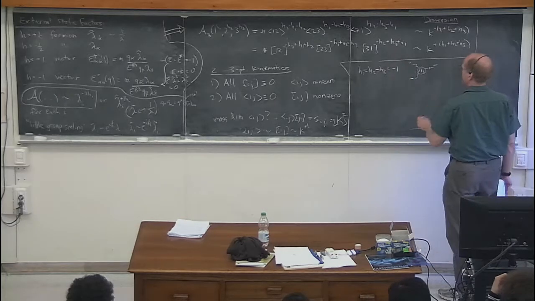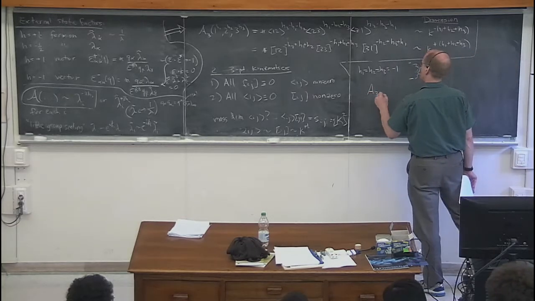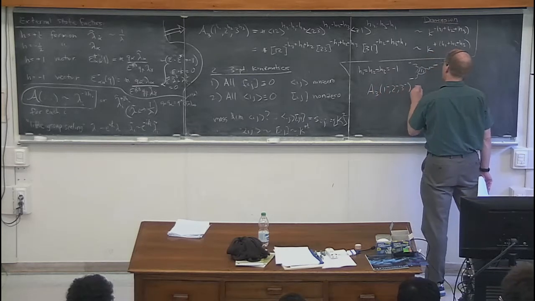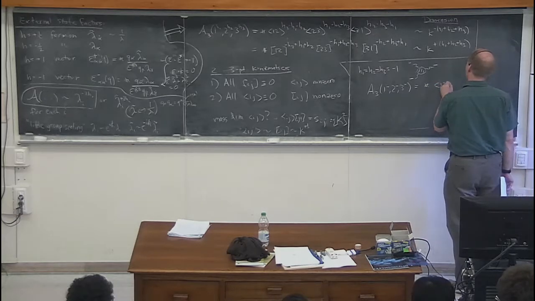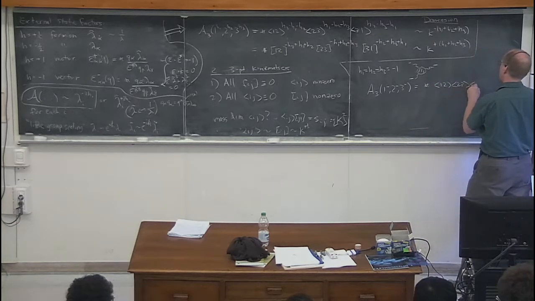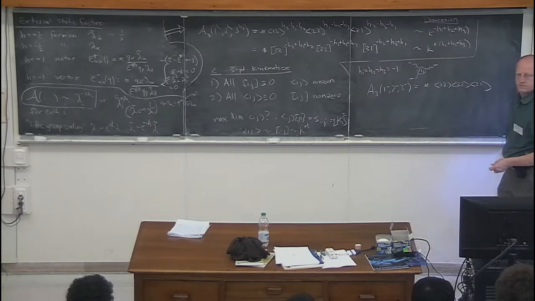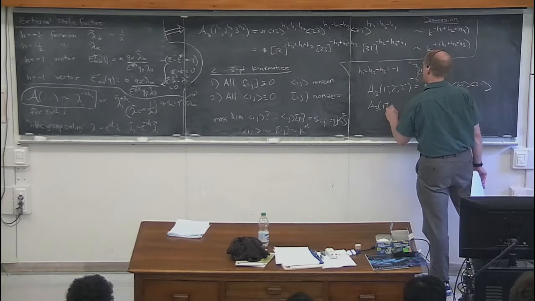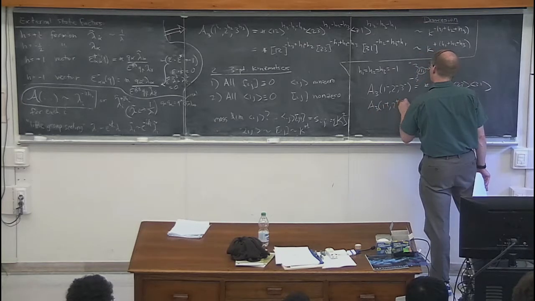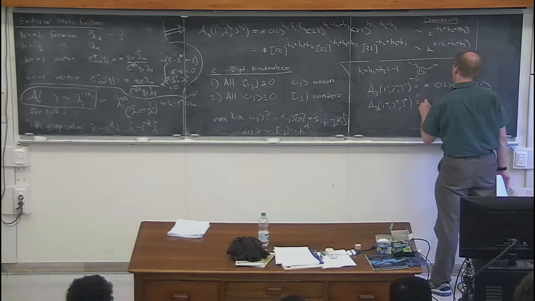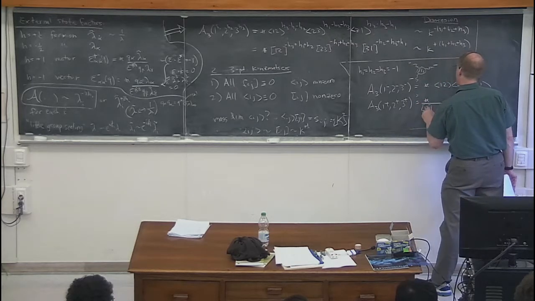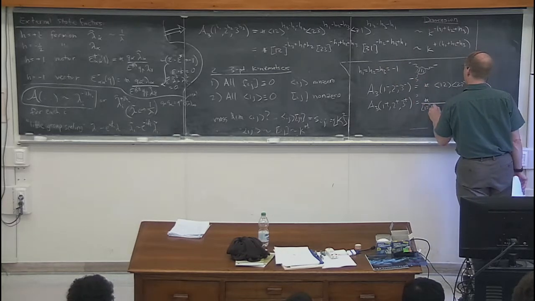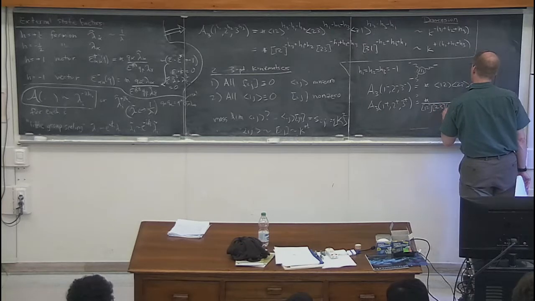So if we use the top formula, then we get that A3 of 1 minus, 2 minus, 3 minus is equal to some number times the brackets 12, 23, 31. Question mark. But we have another solution using the bottom line where we get these guys downstairs.